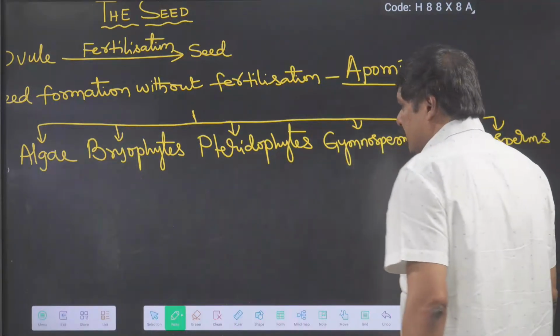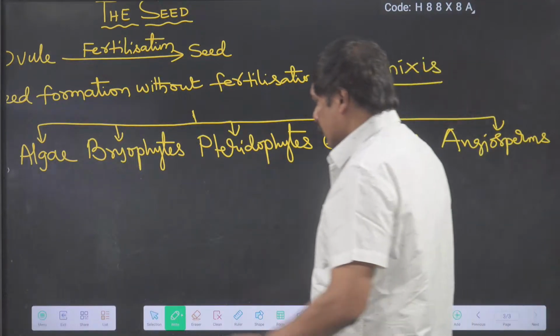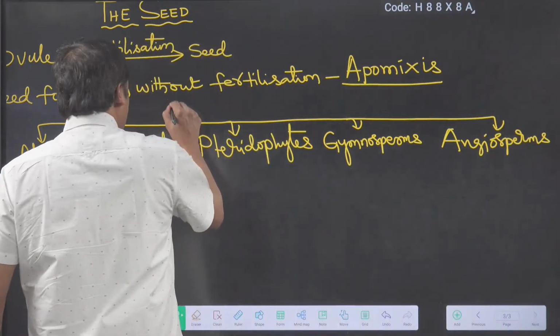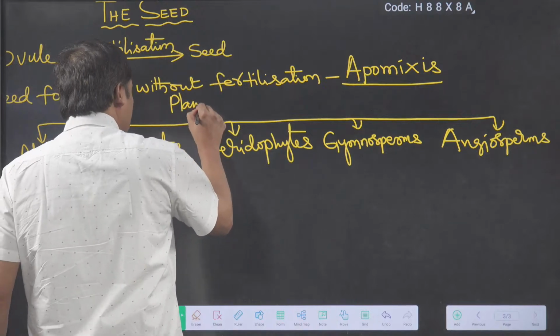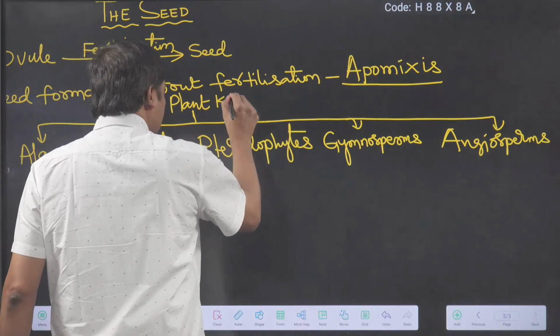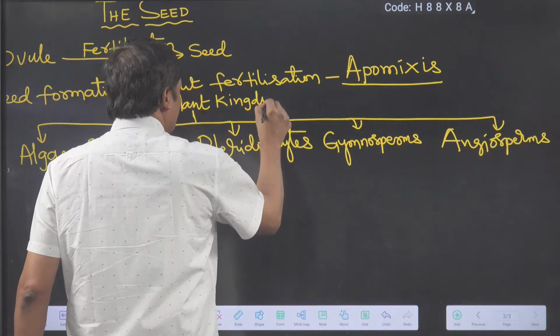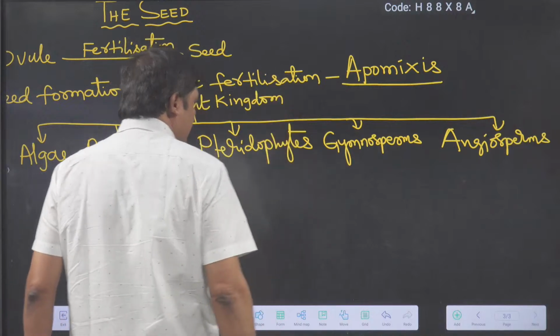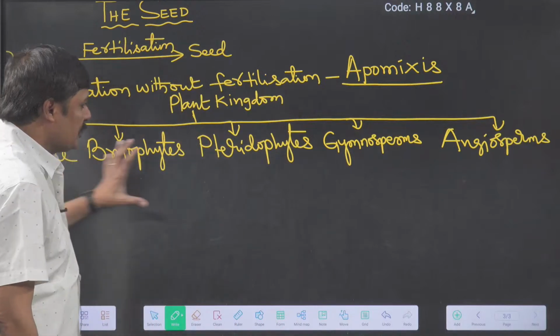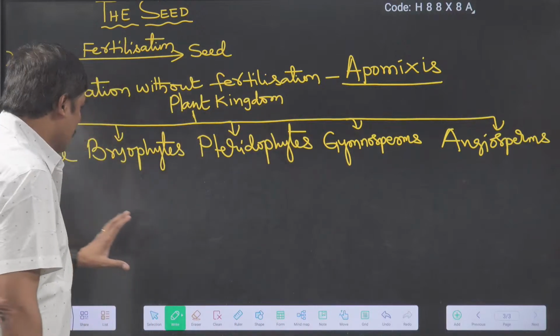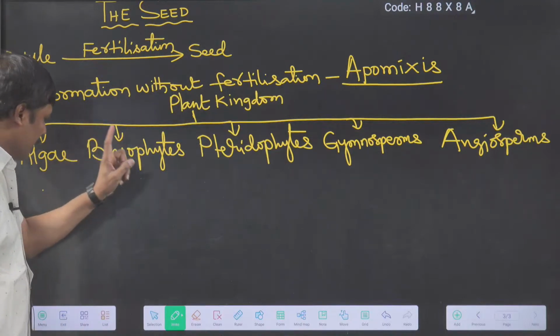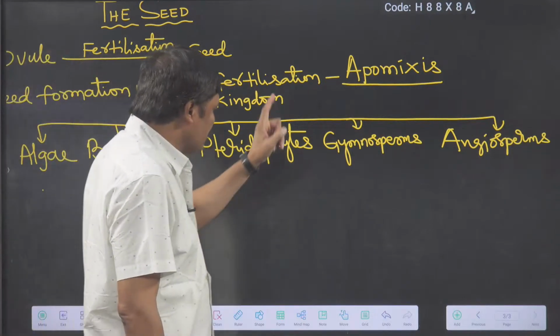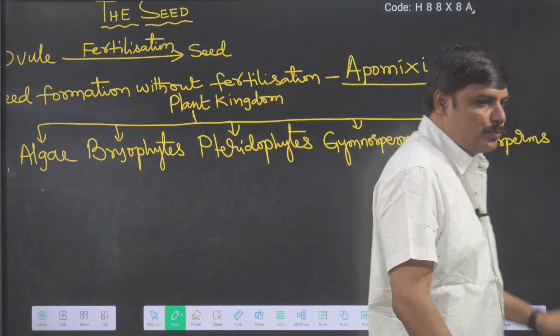So kingdom Plantae contains 5 groups of plants: algae, bryophytes, pteridophytes, gymnosperms, angiosperms.